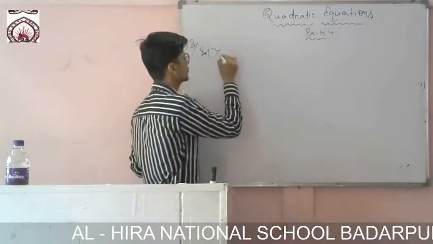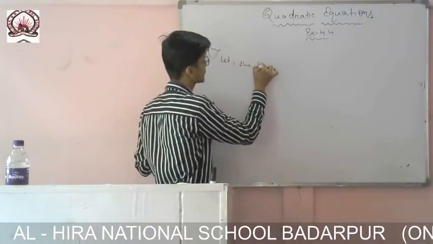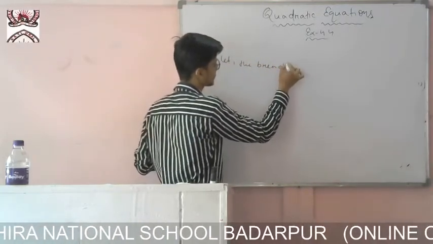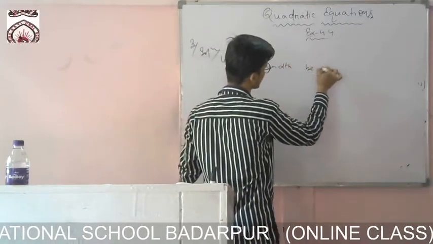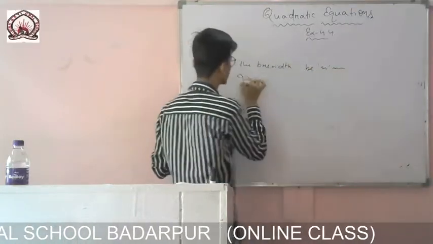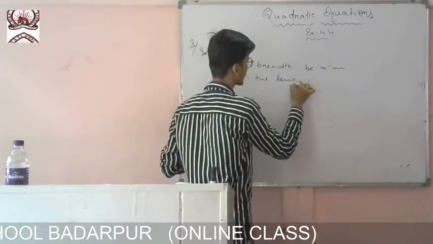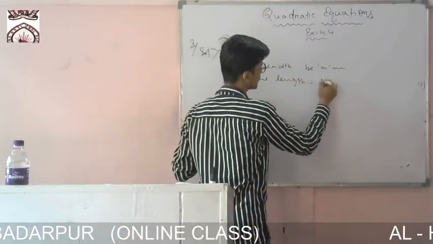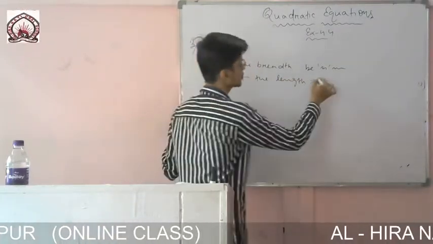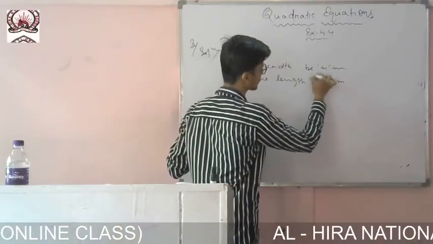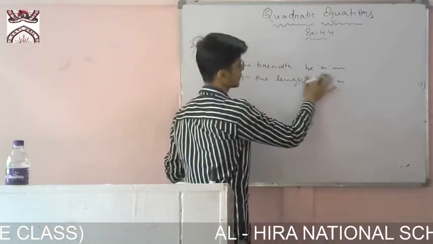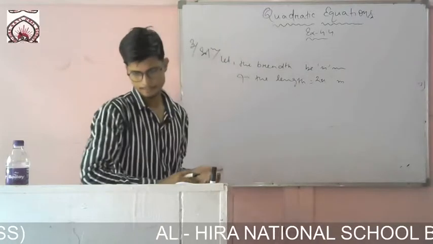So I have to write: let the breadth be x meter, and the length is how much? Twice, no? So it will be twice x meter.